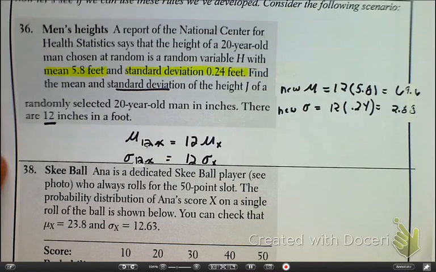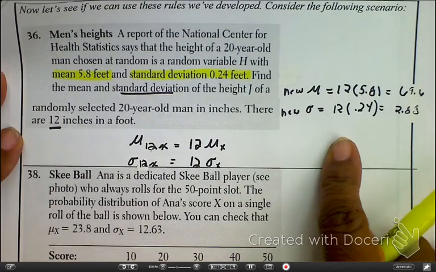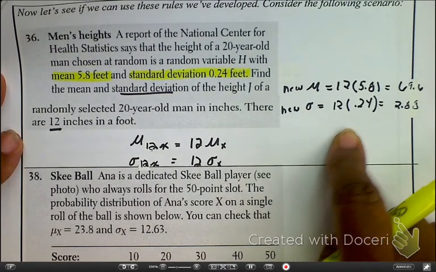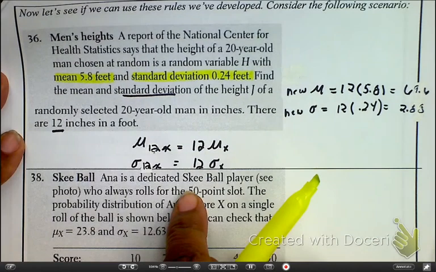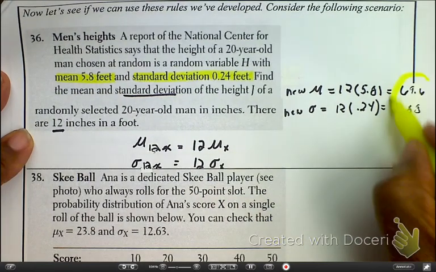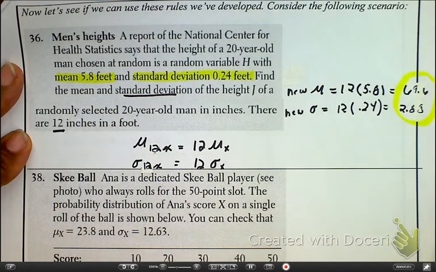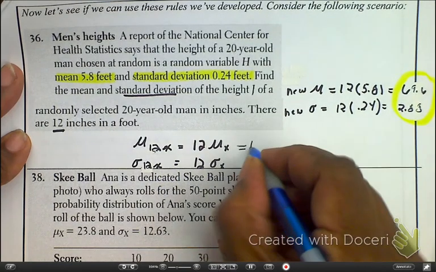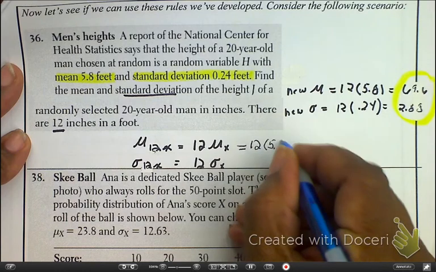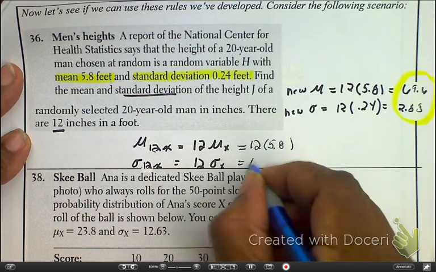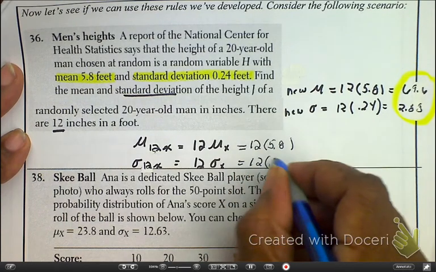Because the reality is, all I'm going to do is sit here and just multiply it times 12. And here are my answers. Now here's the notation, but remember, don't worry about the notation, just worry about the process.